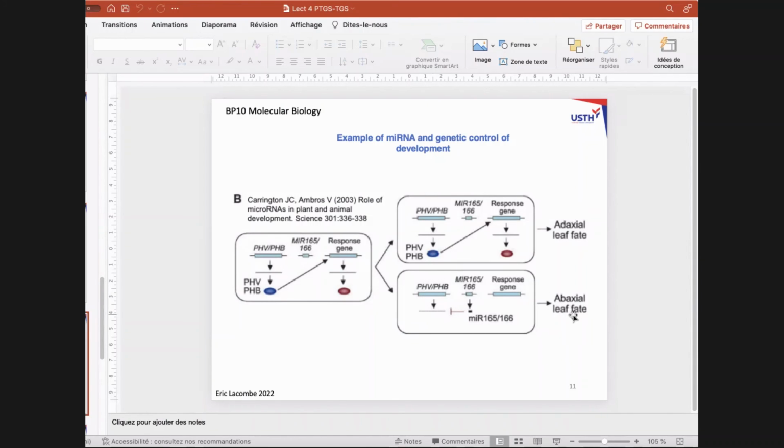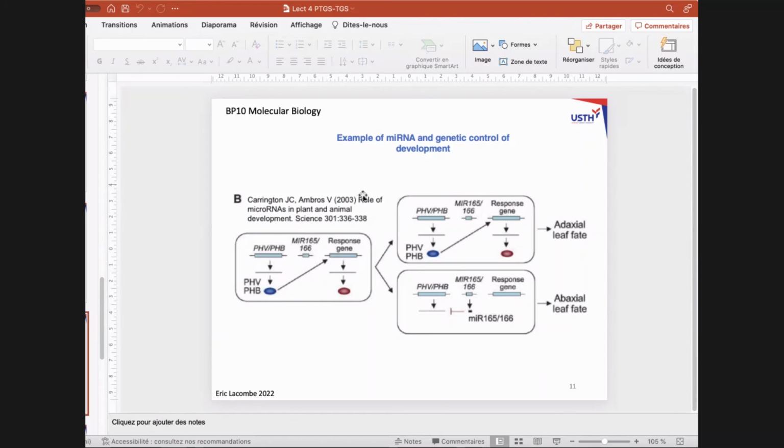But what is very strange in this situation is that in the abaxial cells, where the response genes are not activated, the transcription factor is transcribed, but it's never translated. The mRNA is degraded directly after transcription.